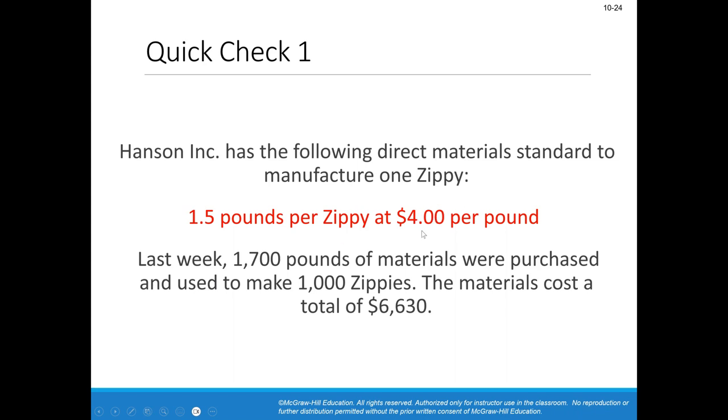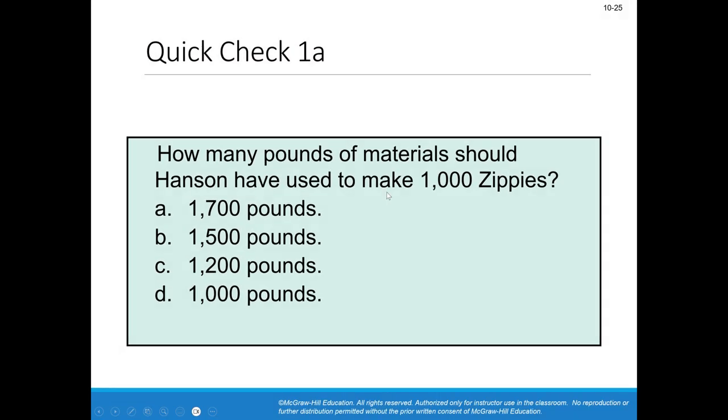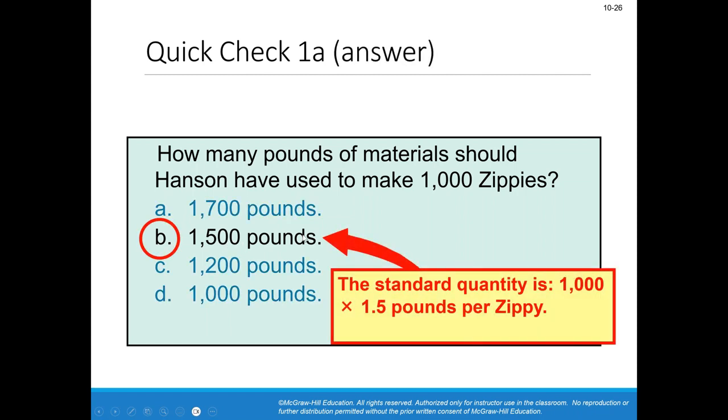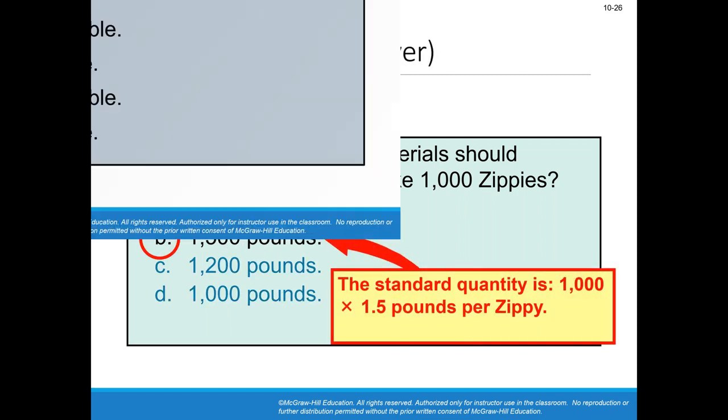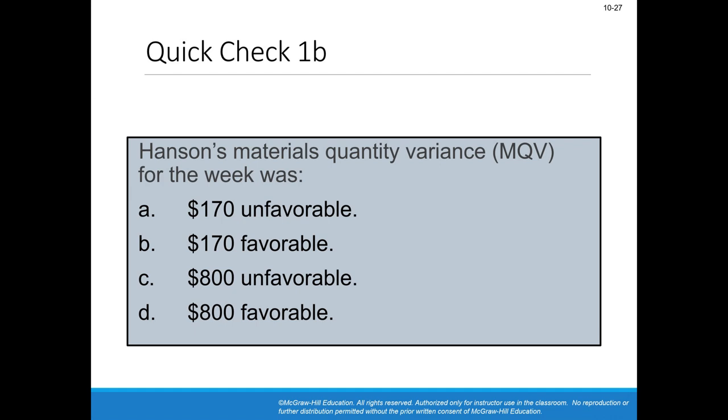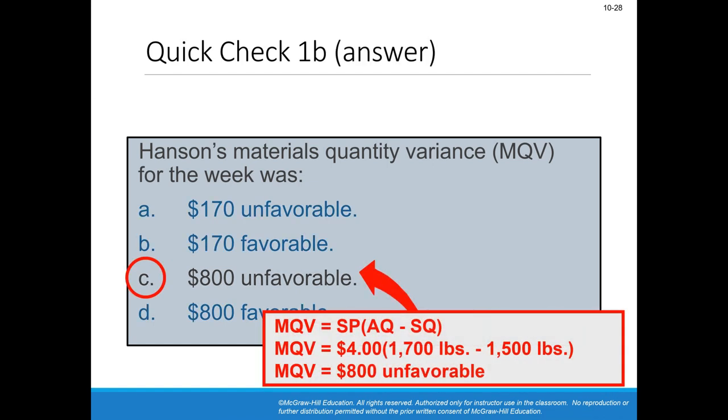So we know we're going to have a favorable price variance. How many pounds of material should Hansen have used to make 1,000 zippies? At 1.5 times 1,000, it should be 1,500 pounds. So our variance is the 200 pounds times the standard cost of $4, and so it should be $800.